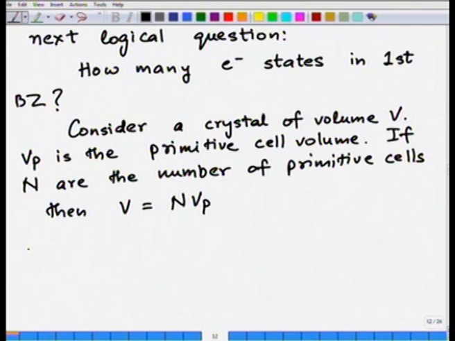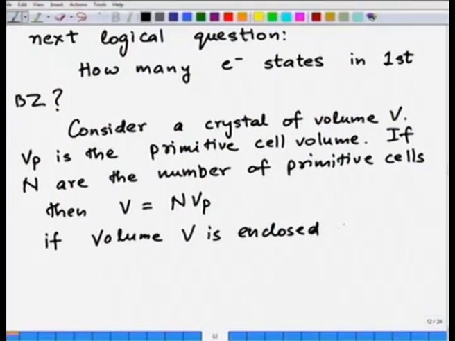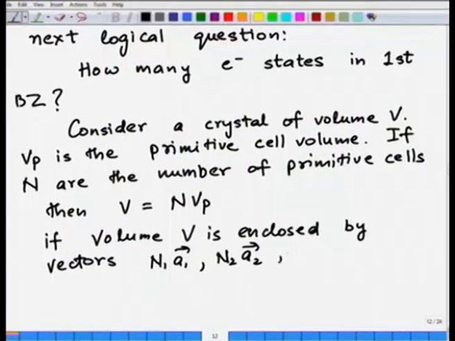Now, assume that the volume V is enclosed by vectors n1 a1, n2 a2 and n3 a3.